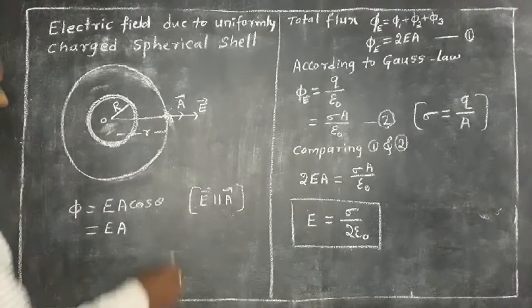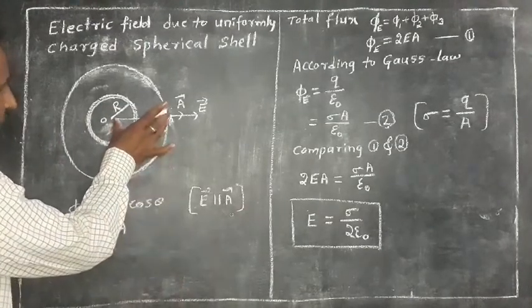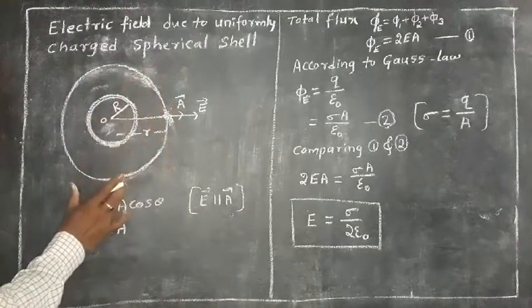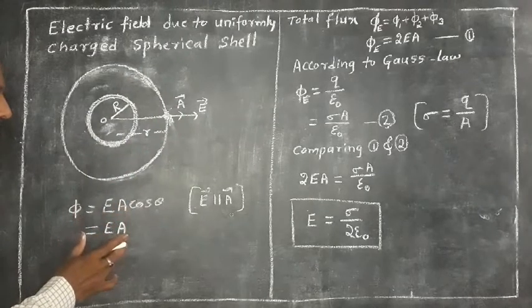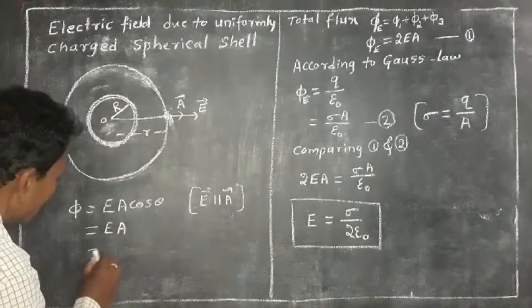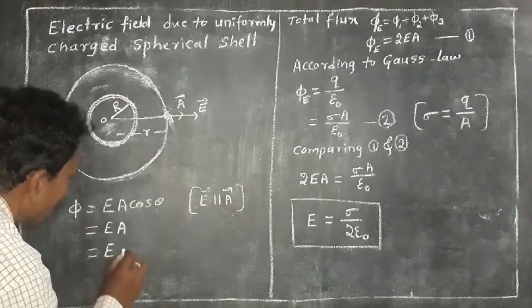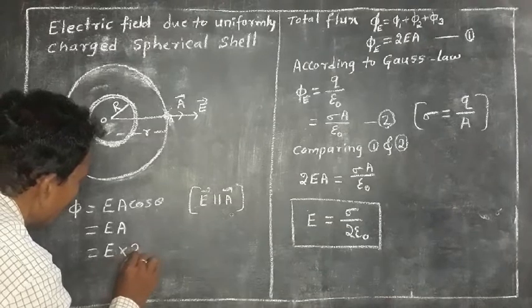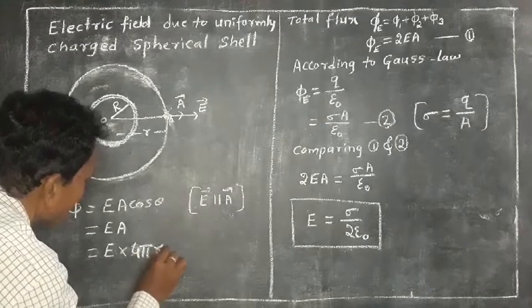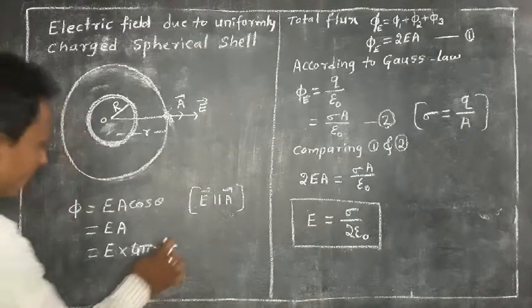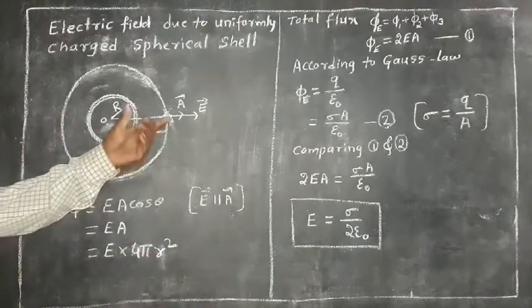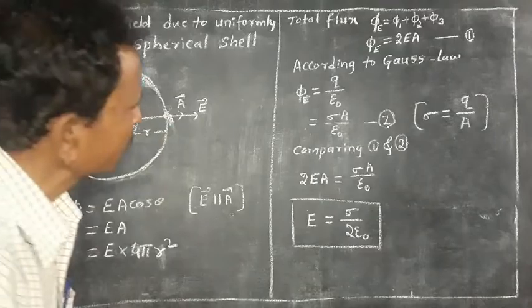If small r is the radius of this imaginary Gaussian sphere, then the area of the sphere is 4 pi r square, so phi is E into 4 pi r square.